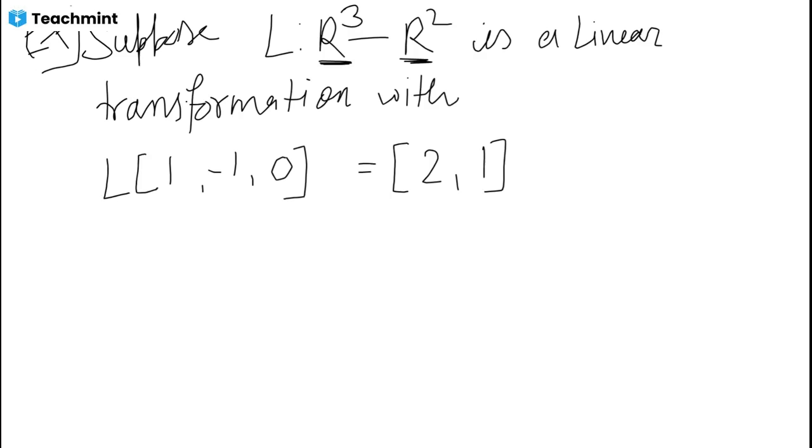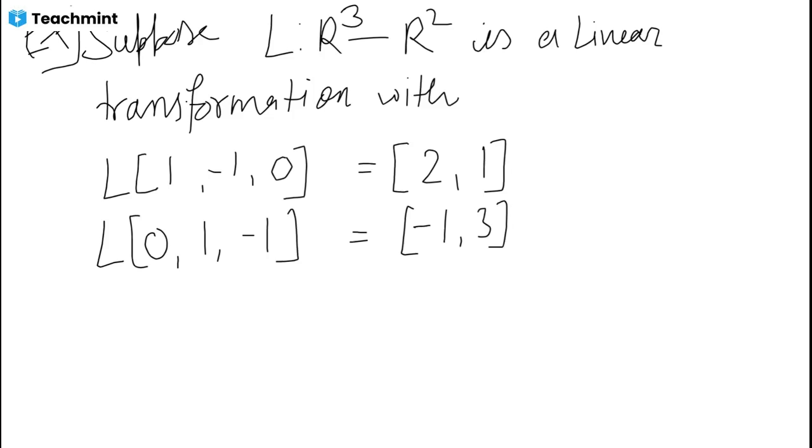Similarly, L of (0, 1, -1) is equal to (-1, 3), and similarly L of (0, 1, 0) has output (0, 1).